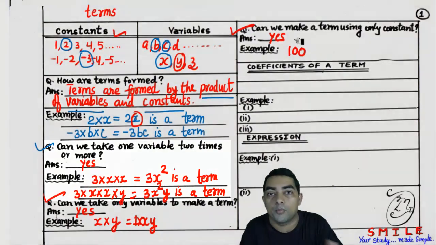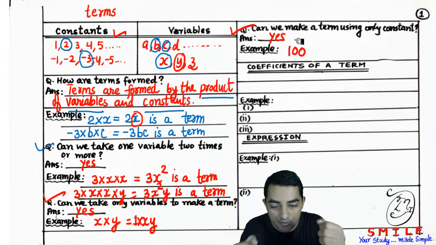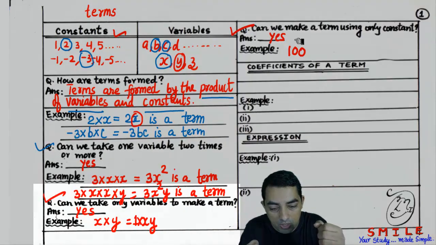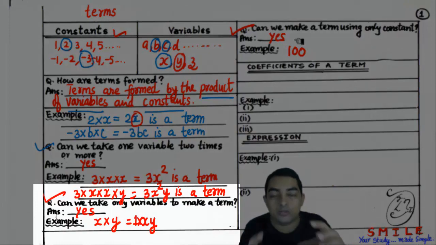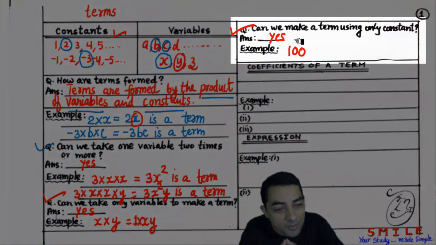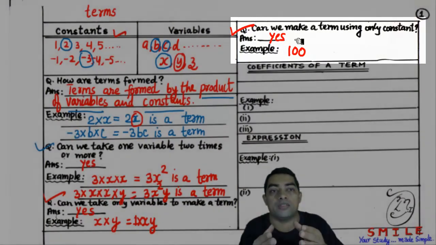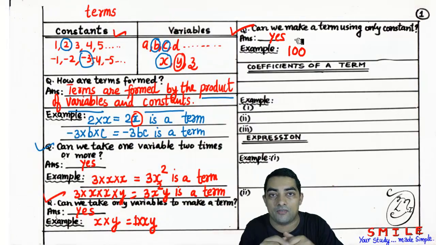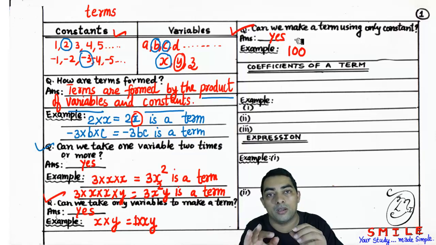And you can have more number of variables also. The second question was, can we take only variables to make a term? Yes, you can have only variables. Then what will be the constant in that case? It will be 1, right? And the third question was, can we make a term using only a constant? The answer was yes, we can have a term by using only a constant.